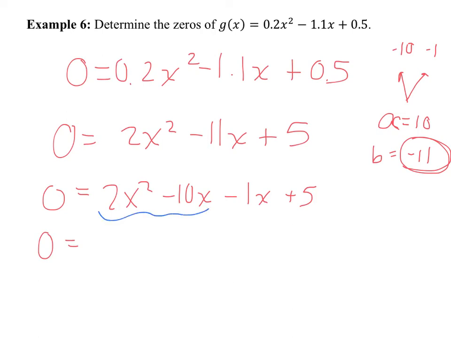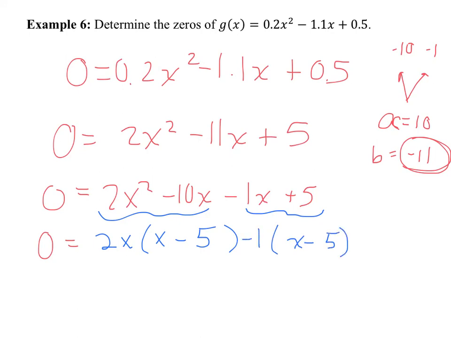Over here, factor out a 2x, leaving behind x minus 5. Here, I want to get x minus 5, but I don't have that. I've got negative x plus 5. So I should factor out what kind of a number so that the signs switch? Yeah, a negative number. And I want this to be x minus 5.